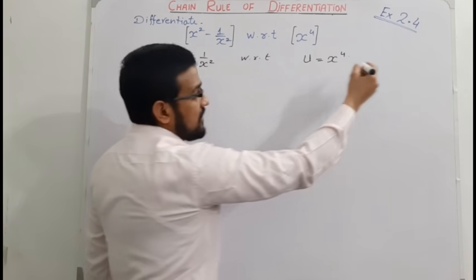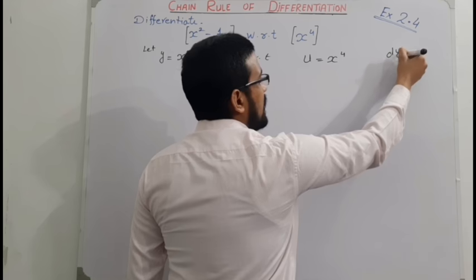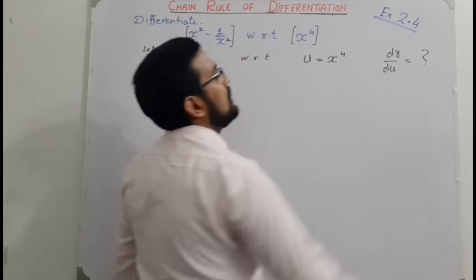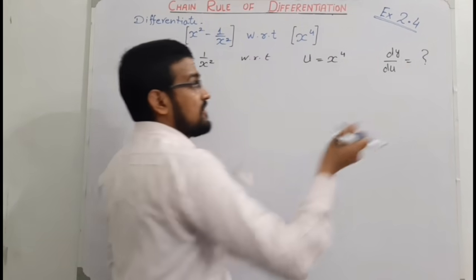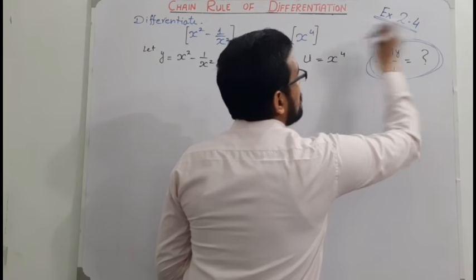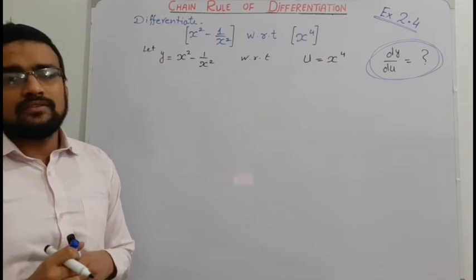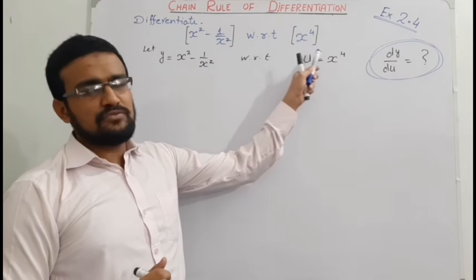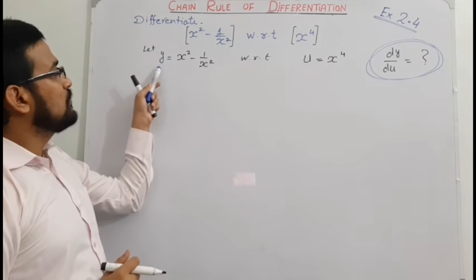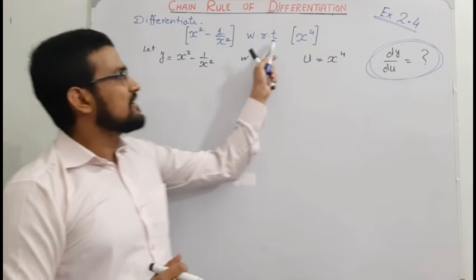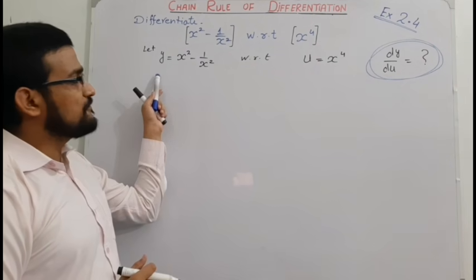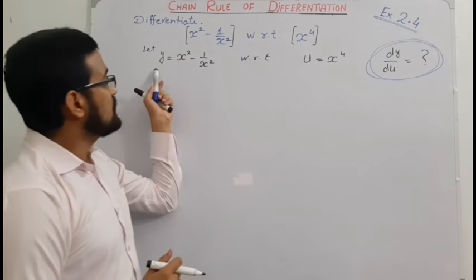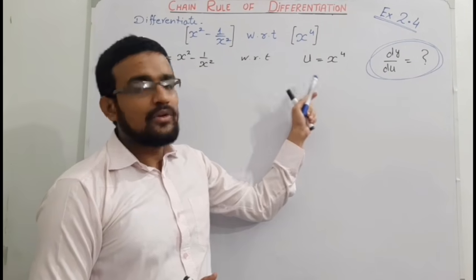Our requirement is dy over du. Understand this statement: first function with respect to second function. So let the first function be y and the second function be u. It means dy with respect to du.